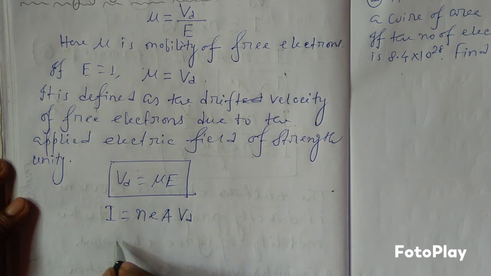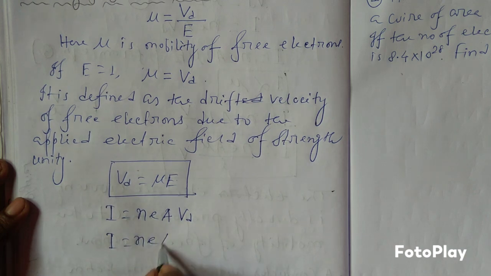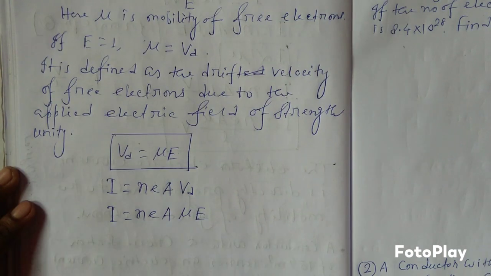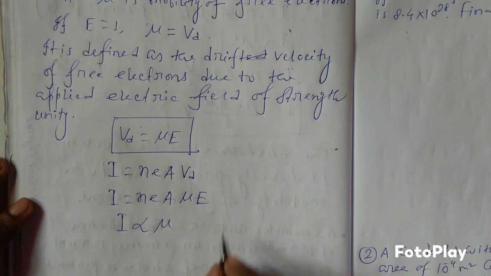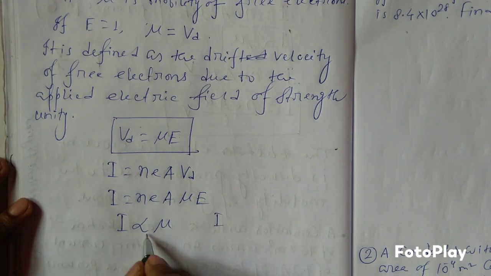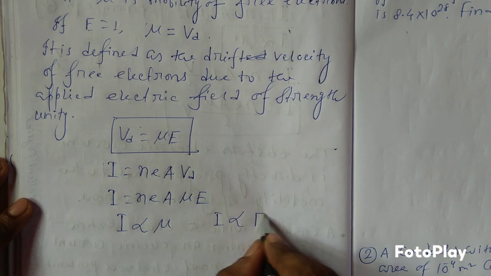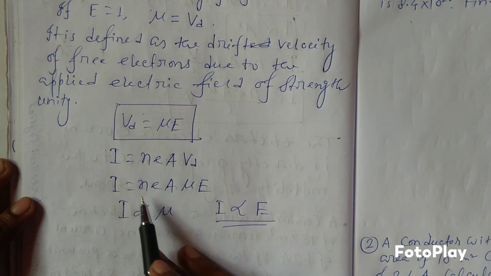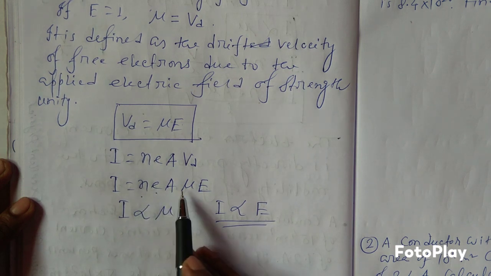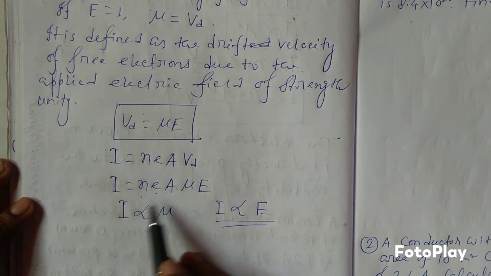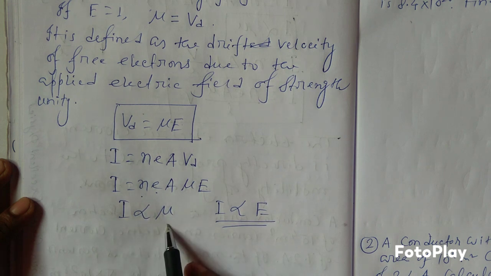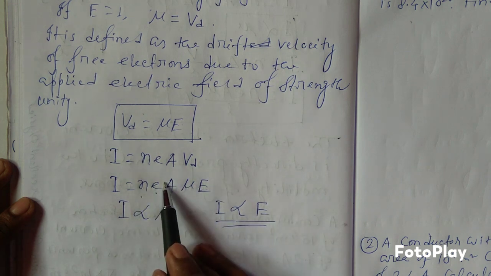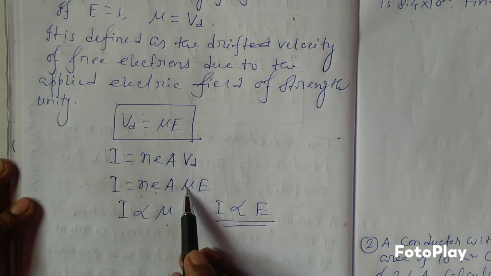Putting this value of Vd, I equal to NEA mu into E. So here we conclude that I is proportional to mu, and I is proportional to E, when NEA mu is constant.